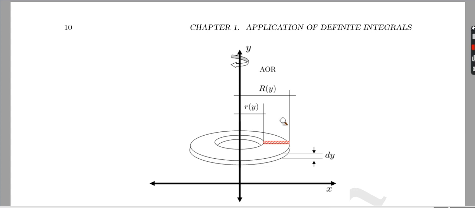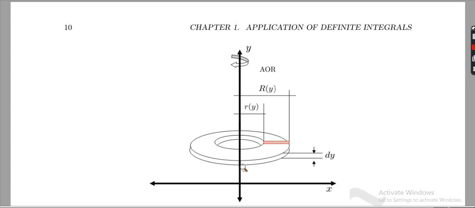Now using this, we have the outer radius, and that is from the right function of the region minus the axis of revolution. That's the outer radius.